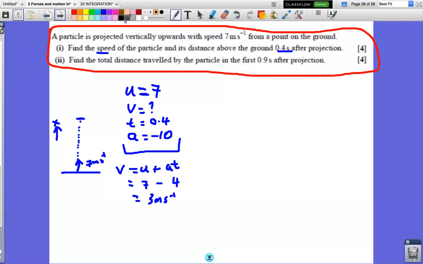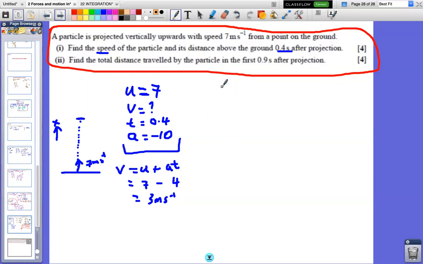Next, we are asked to look for the distance above. So it's the same thing. U is 7. T again is the same, 0.4. A is -10.